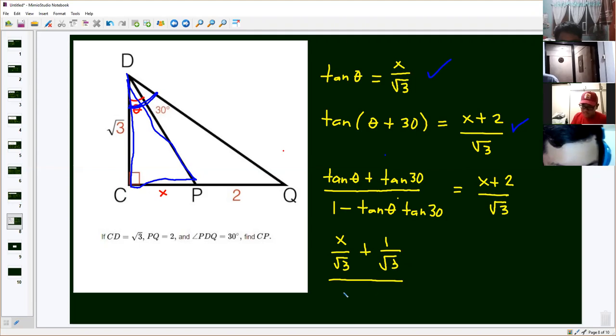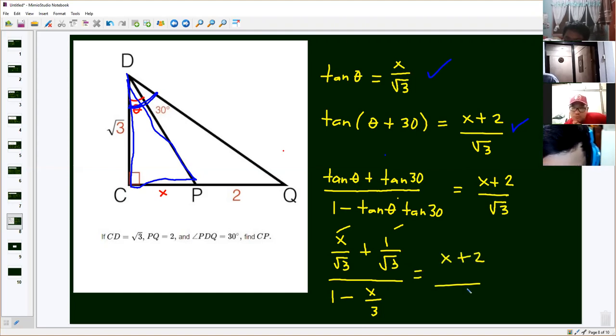And then 1 minus tan theta tan 30 is x over square root of 3 times this one. So we're multiplying these two below. So that's x thirds. So you have x over x plus 2 over square root of 3. See that? I'll go to the next page.